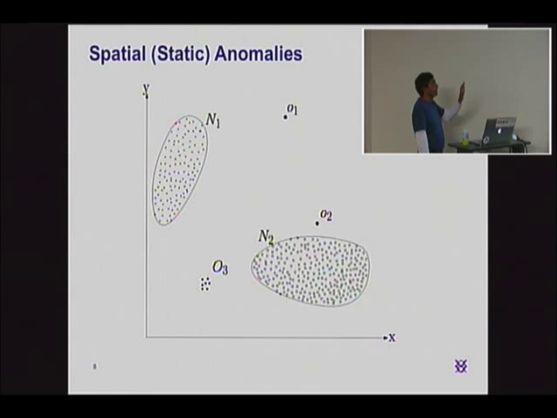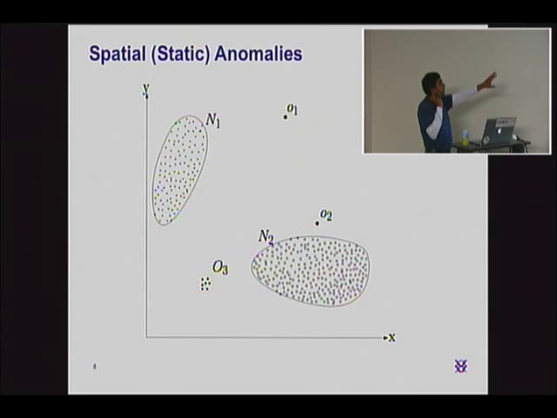So here's an example of the data, and it's falling into mostly two clusters. You can see that there are two points there, 01 and 02, that are definitely outside the cluster. So those will definitely be statically defined anomalies.